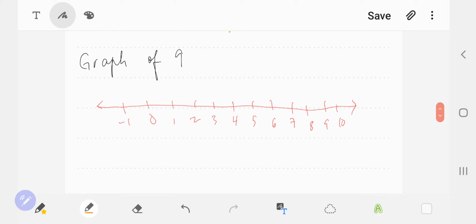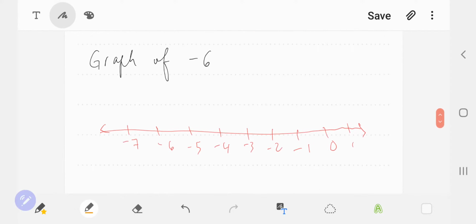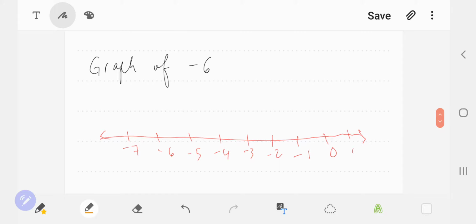Now, what about the graph of 9? Here's 9. We start from 0. 9 is 9 units to the right of 0. And translating this into a mathematical statement, we would say the absolute value of positive 9 would give you 9. And lastly, we have to graph negative 6 on the number line.